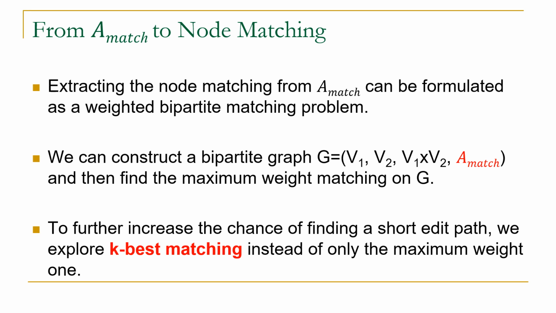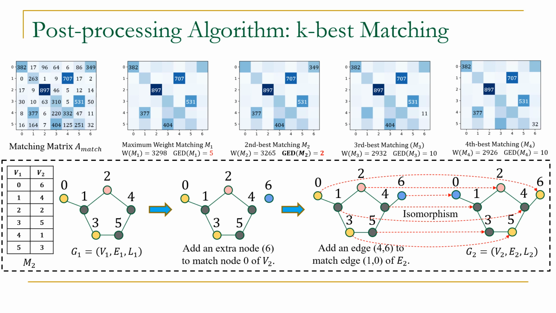Specifically, we can construct a bipartite graph G using the predicted matching matrix A match as the edge weights, and then find the maximum weight matching on G. To further increase the chance of finding a short edit path, we explore k-best matchings instead of only the maximum weight one. This figure gives a running example of the post-processing algorithm. In the matching matrix, each element is a real value between 0 and 1.